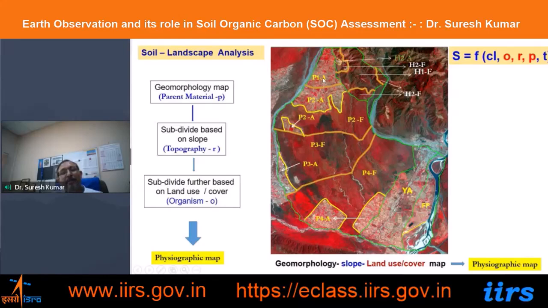Then on this map, at any place you can collect the soil samples, and in each unit you collect minimum 3 samples, and then you average them out. So soil landscape unit preparation is important for deciding where to take the soil samples.